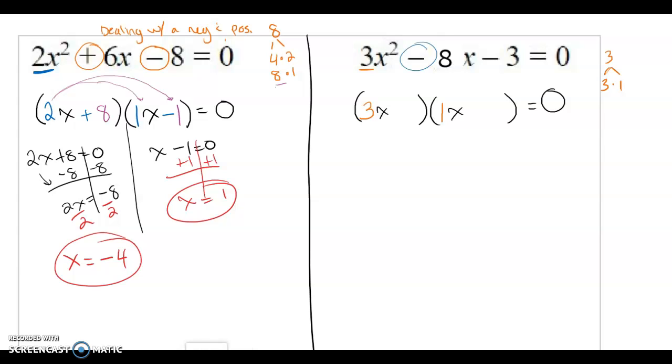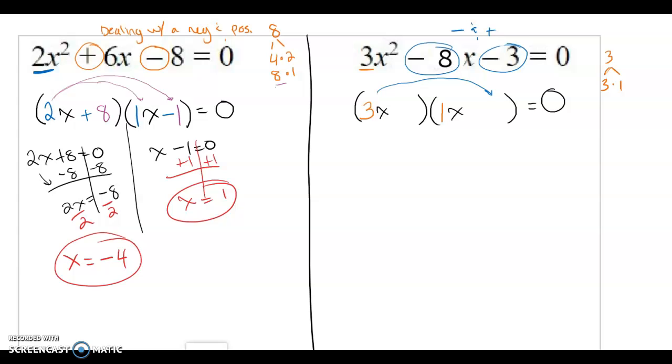So since these are both negatives, that means I'm dealing with one negative and one positive. So I'm just going to write myself up a note up here that I'm dealing with both. So now I can try it out. I need to remember that my term that's getting multiplied by this 3 needs to be negative.